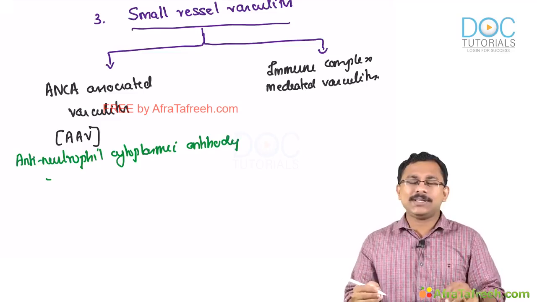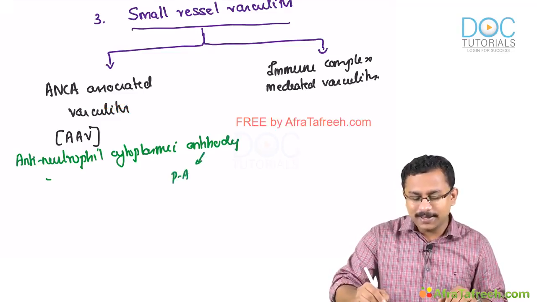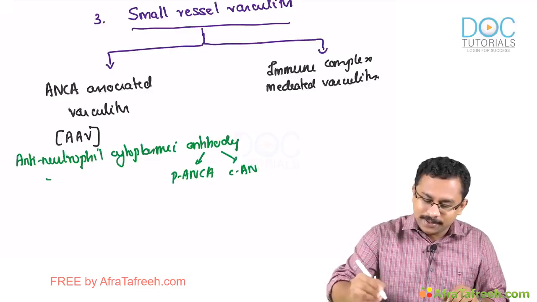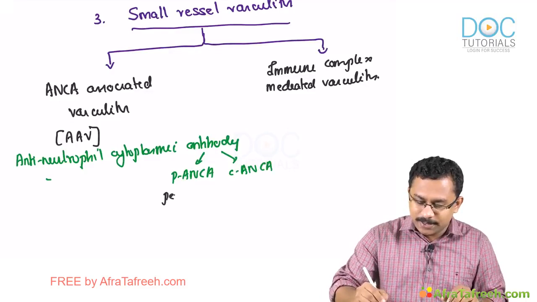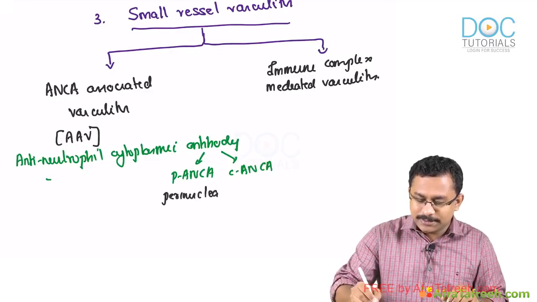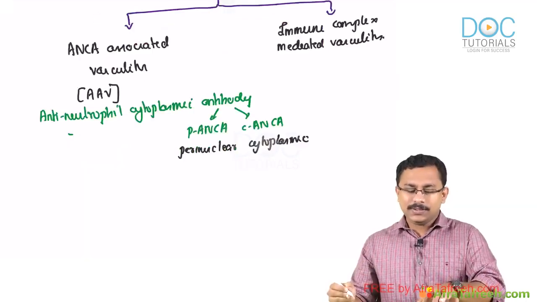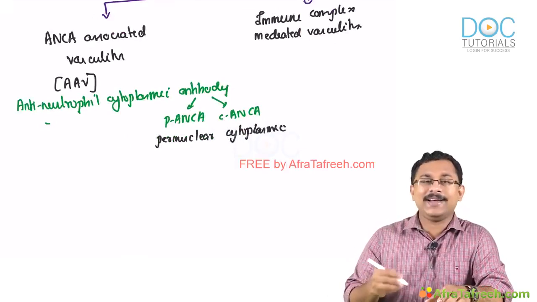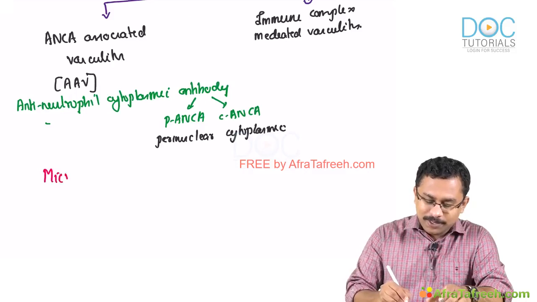Okay, and based on the staining pattern, you know that this ANCA can be a P ANCA or a C ANCA. That is, P stands for the perinuclear staining pattern and C stands for cytoplasmic. Okay, alright. So under the ANCA associated vasculitis, what are the entities there? You have the microscopic polyangiitis.